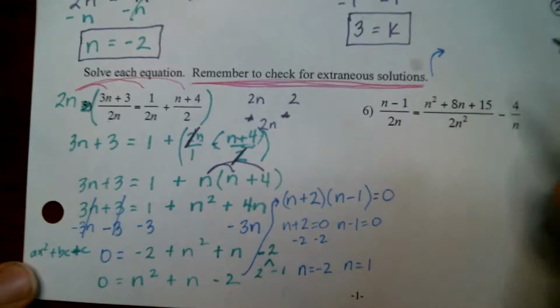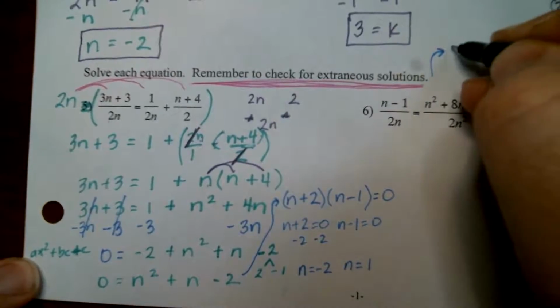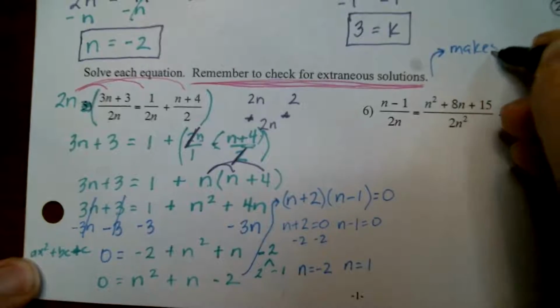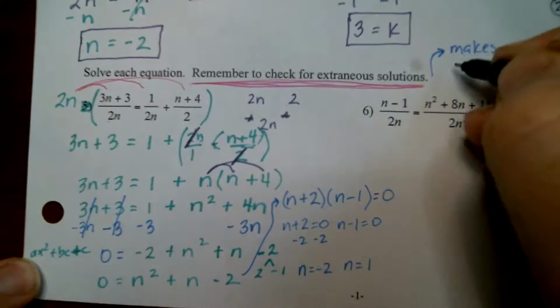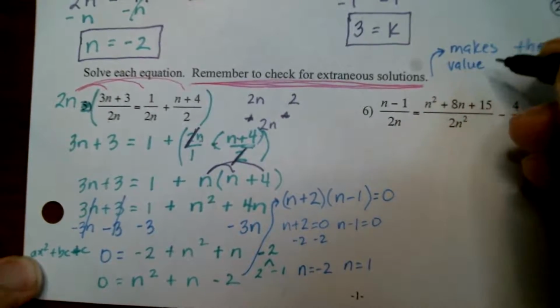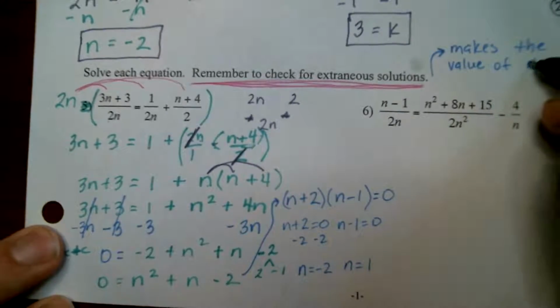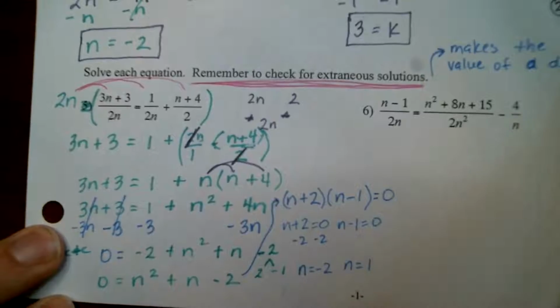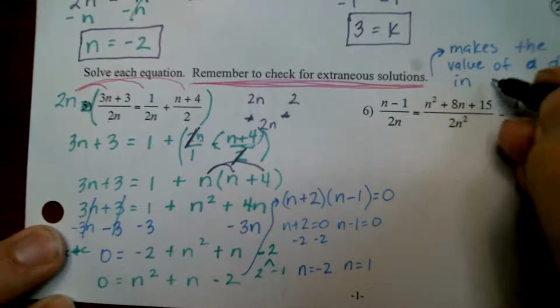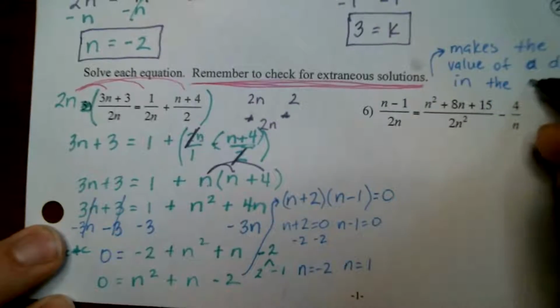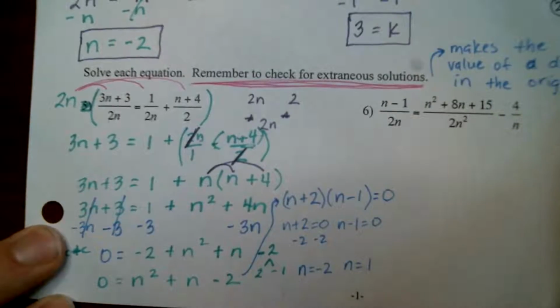An extraneous solution makes the value of a denominator in the original equation zero.